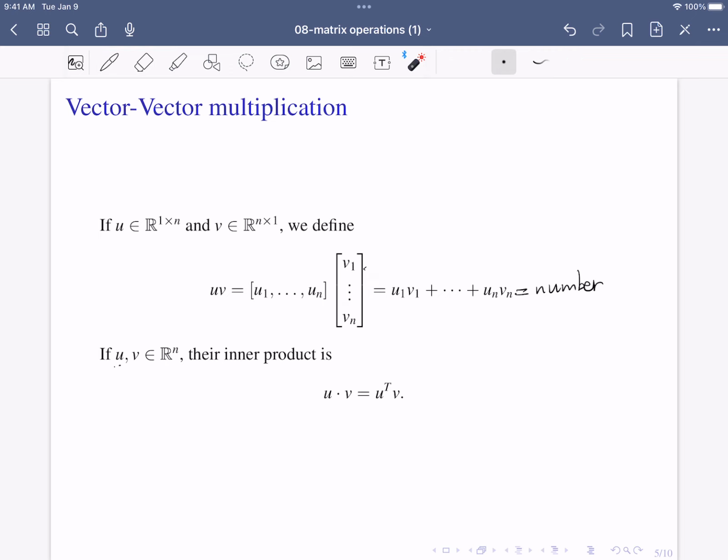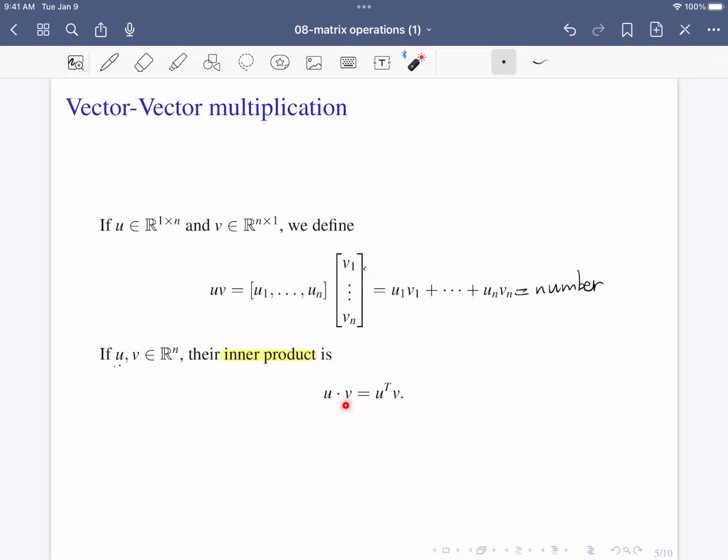Now we can also define inner product. Inner product is an operation of two column vectors. So suppose U and V are column vectors of length n, then we can do inner product U dot V. This is a closed dot, or you can use a solid dot.